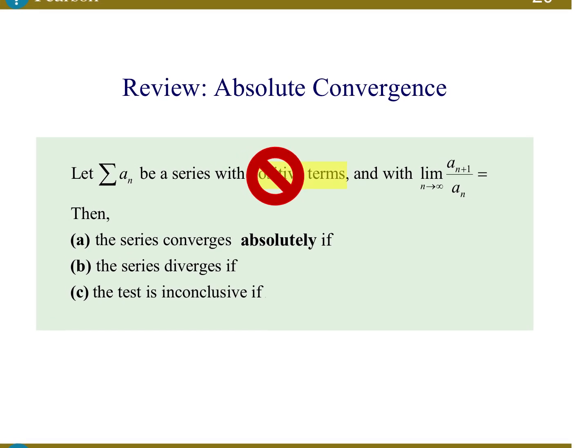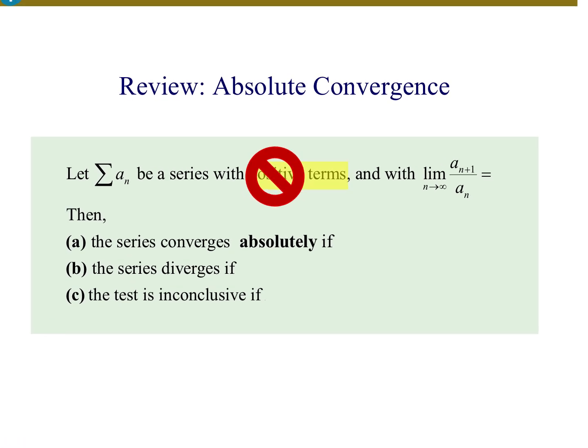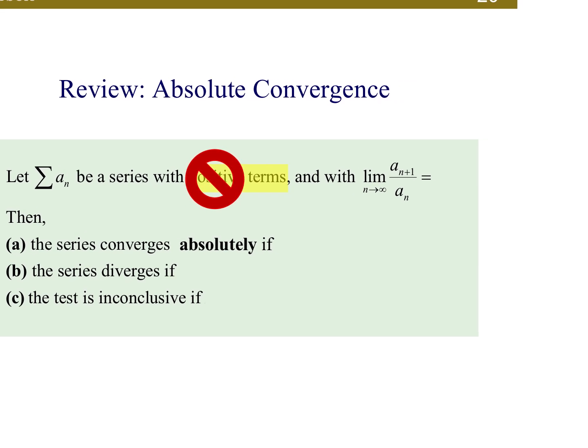All right, just to set everything up as we review, if we are not dealing with positive terms, then your job, once you find your limit, is to check the absolute value. So you want absolute values for the limit.